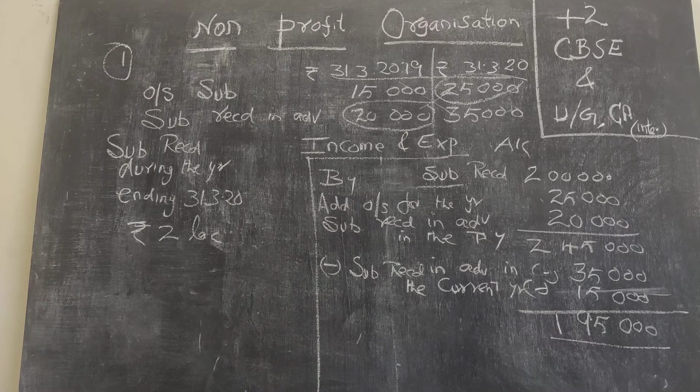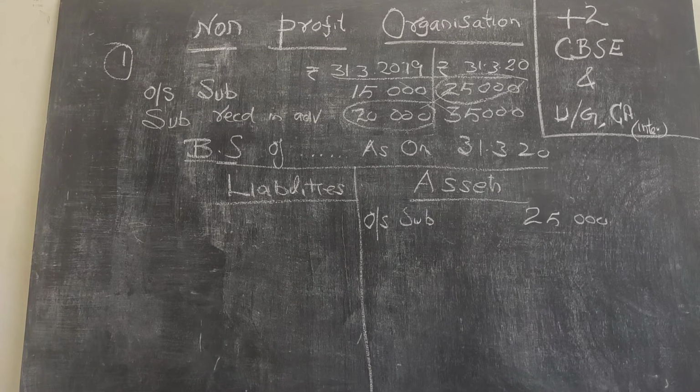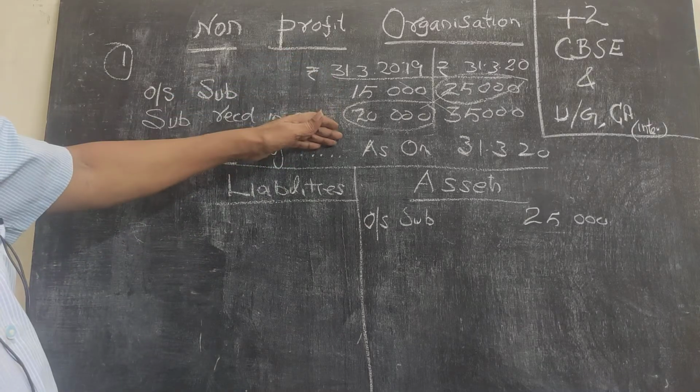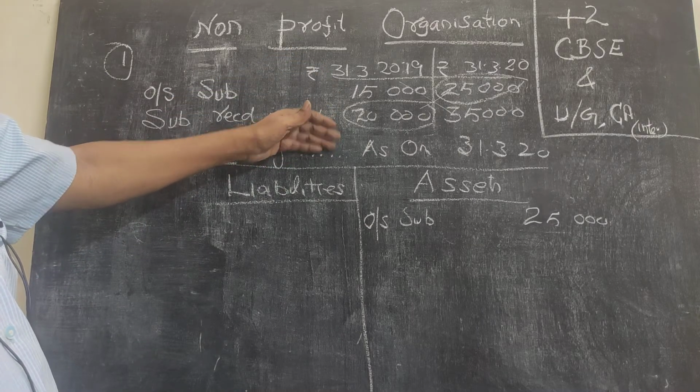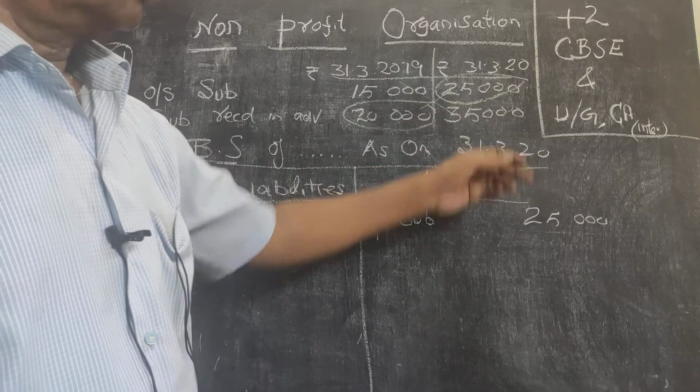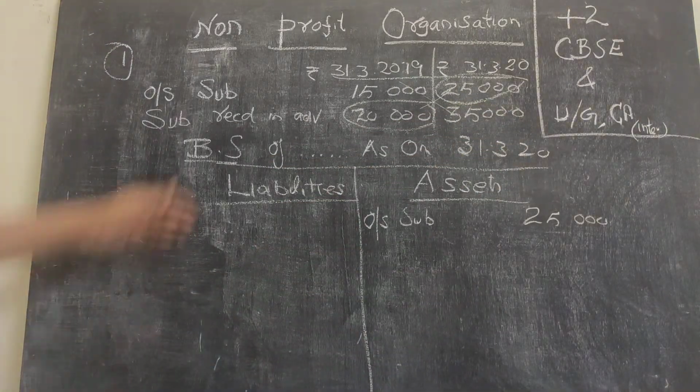You will be getting the net amount, that is the subscription amount due during this year. Now how the item will appear in the balance sheet as on 31st March 2020. Balance sheet of that organization as on 31st March 2020. We should write liabilities and assets.